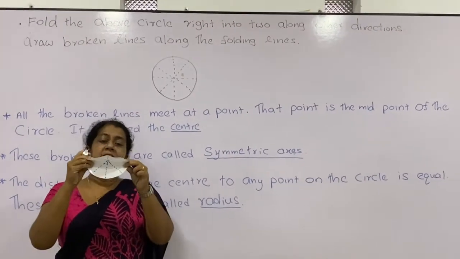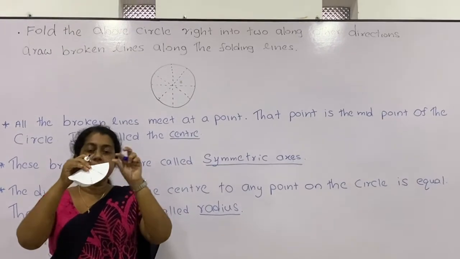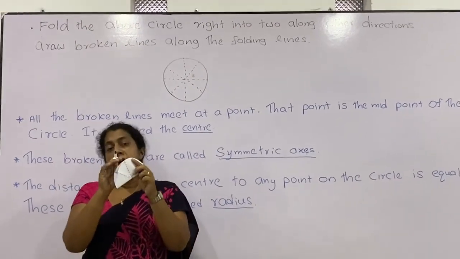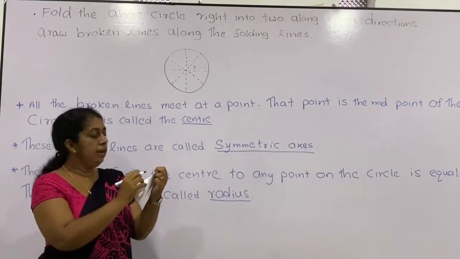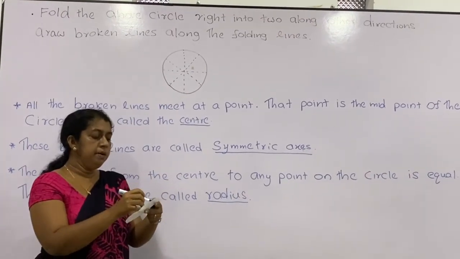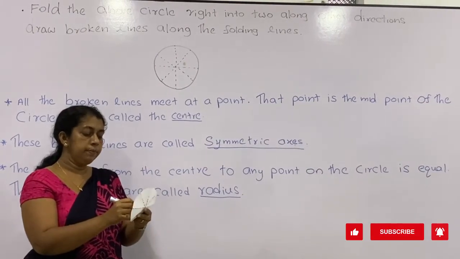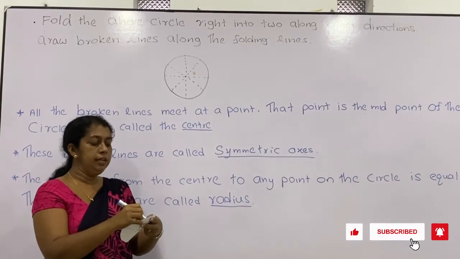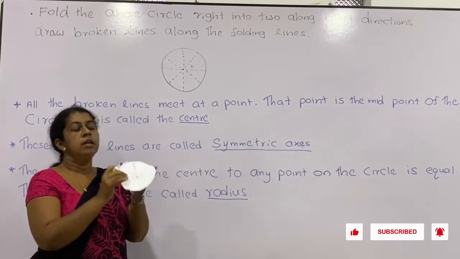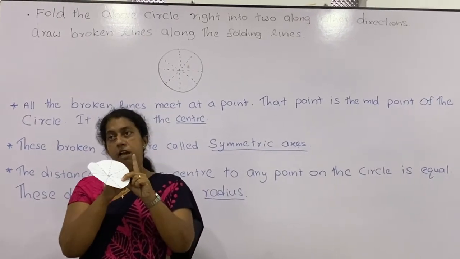Then again fold. Now you can repeat it. You can repeat this activity a number of times. Right? Again unfold. Then you can draw another line. Another broken line can be drawn this way. Now you can use your pen and ruler. Then look here. There are a number of broken lines I have drawn.